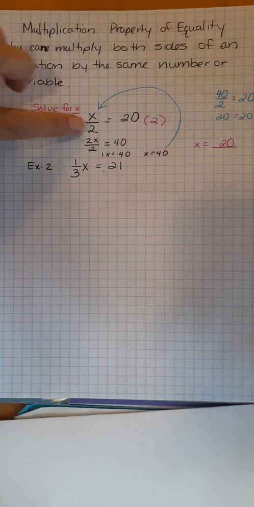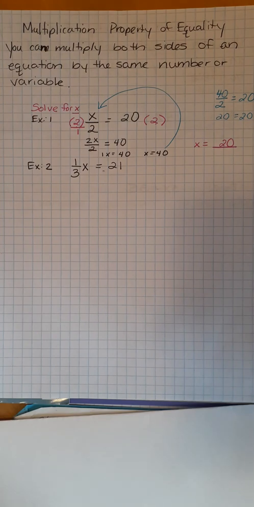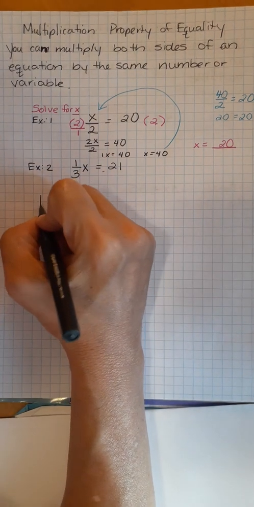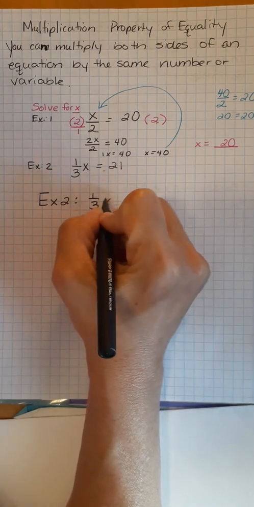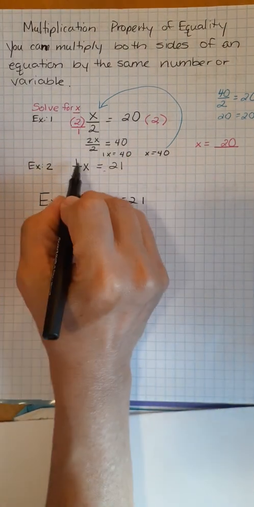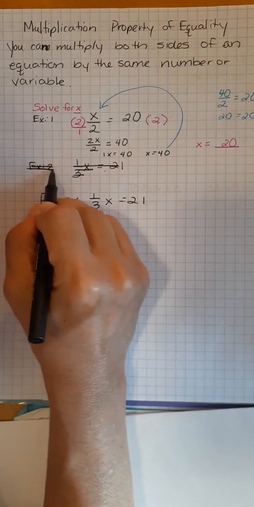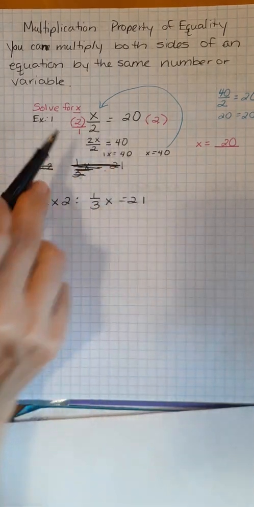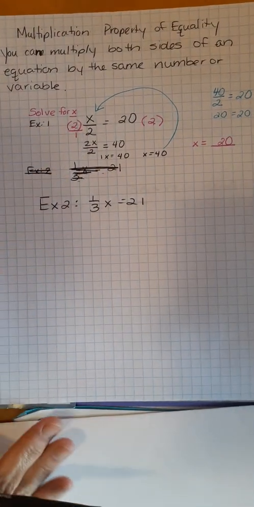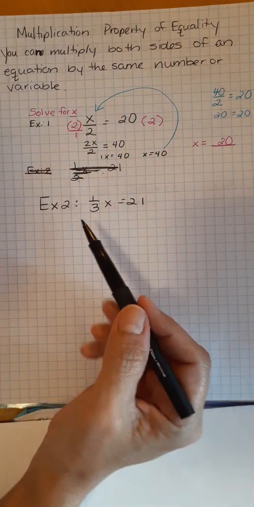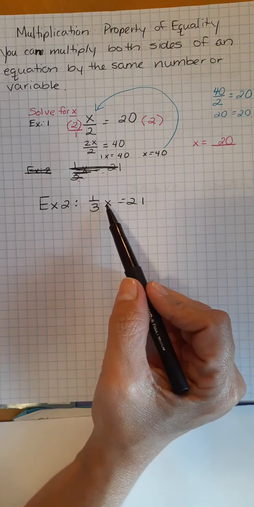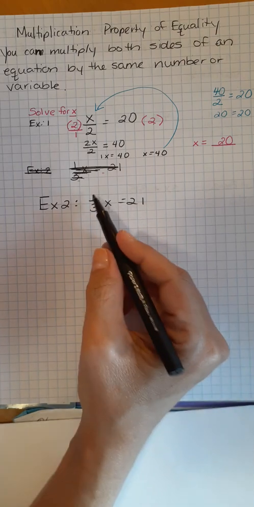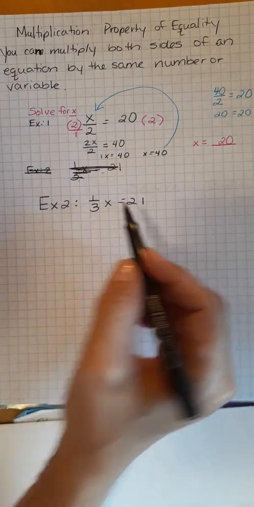Now, this problem is the same, and I'm going to write it a little further down so we don't get confused. Example 2: 1/3 x equals 21. Let me cross this out so we don't get confused. Believe it or not, this piece here is the same thing, 1/3 x. 1/3 times x equals 21.